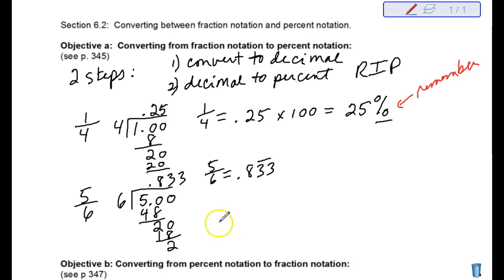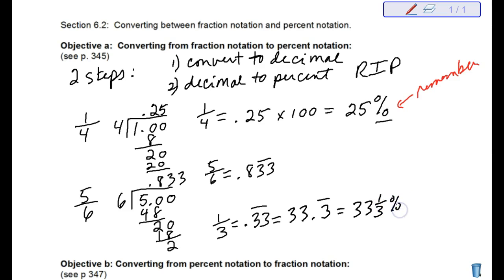Now there are a couple of fraction, decimal, and percent equivalents that you should memorize because they're used a lot. One of them is 1/3. 1/3 is repeating 3s. As a percent, it's 33 point repeating 3%, or 33 1/3%. So whenever you see a repeating 3, you can always put it into 1/3.